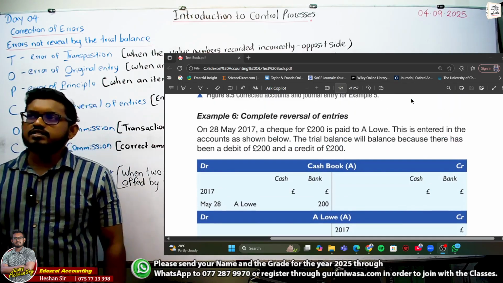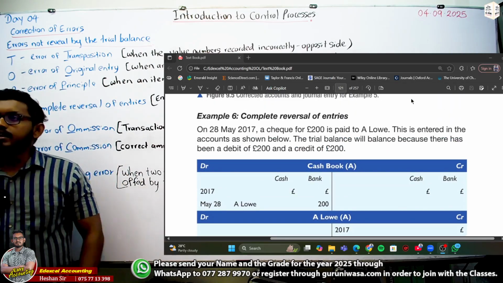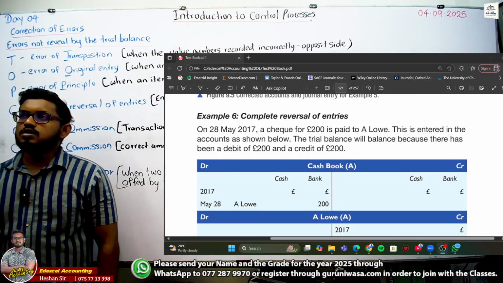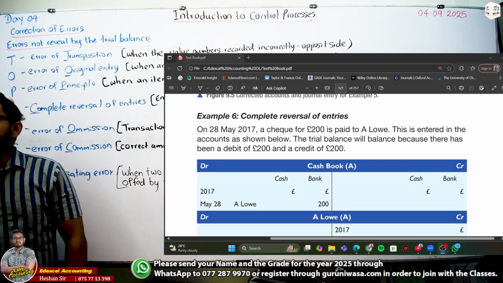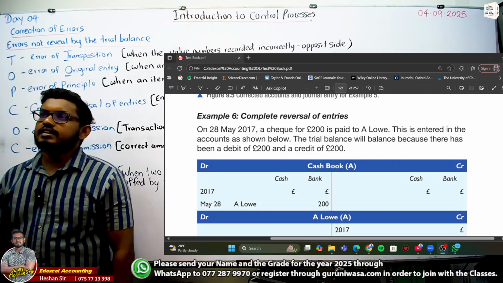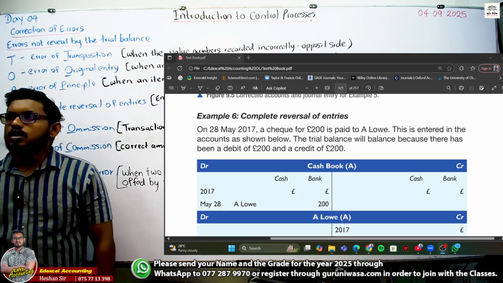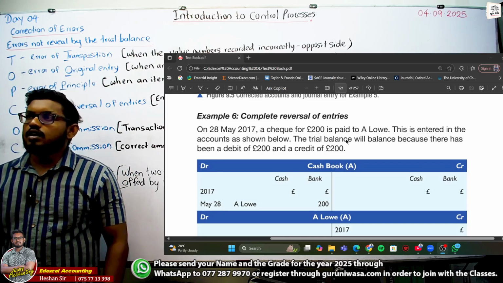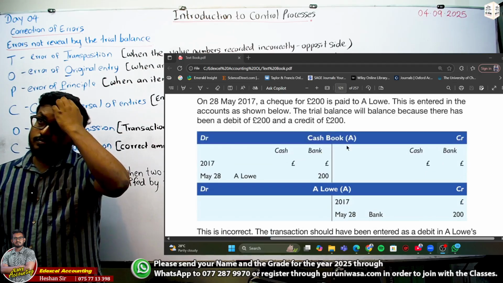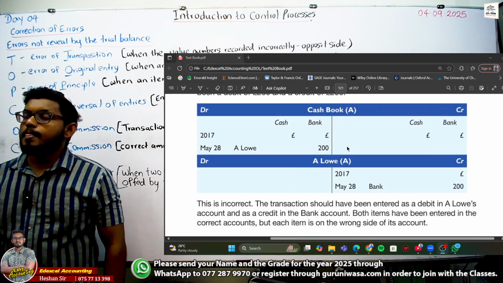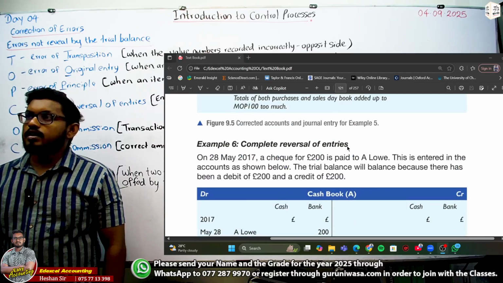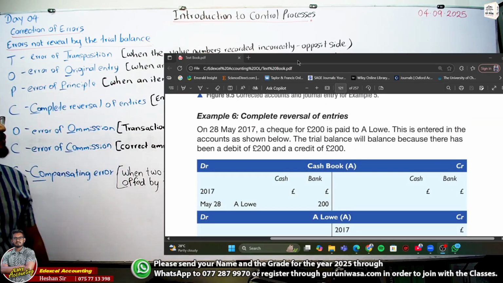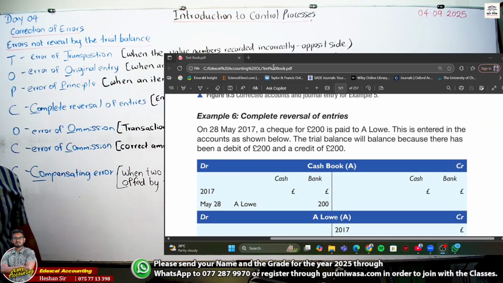Complete reversal means, as I told you, the opposite side. On 28 May 2017, a check for 200 is paid to AO. This is entered in the accounts as shown below. Complete reversal means the opposite side, right?